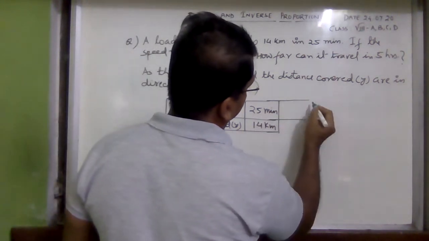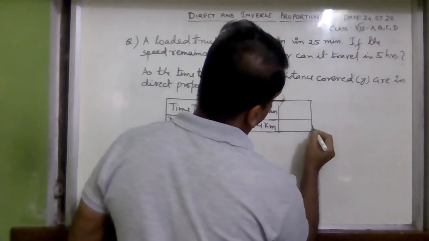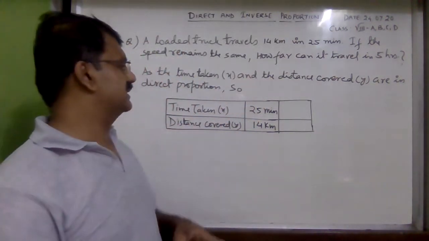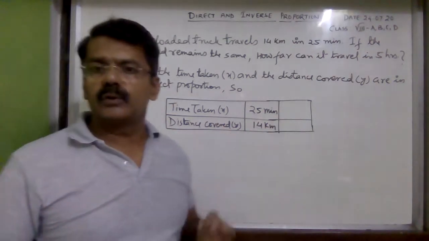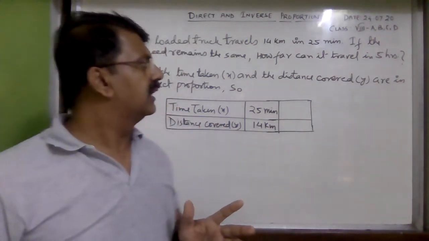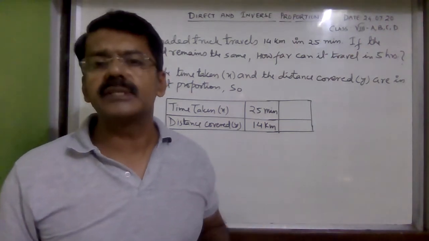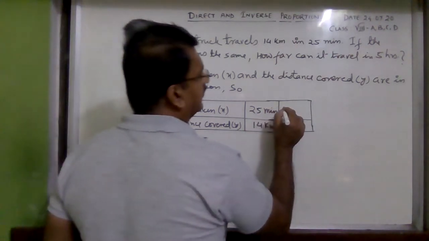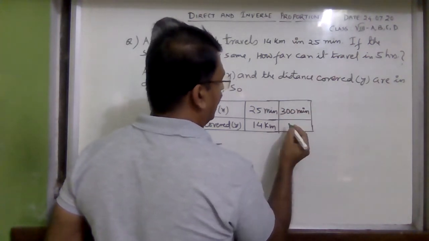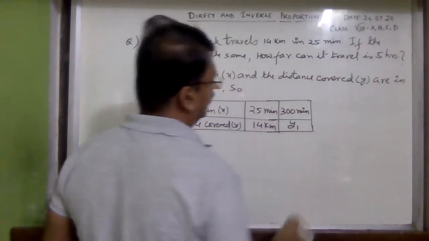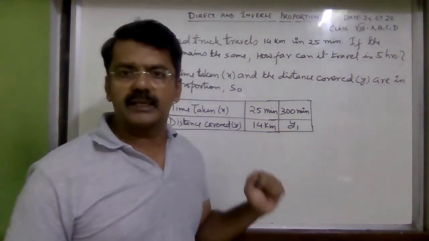Now the time taken is 5 hours. But as this is in minutes, we will write that time also in minutes. You know that in 1 hour we have 60 minutes, so 5 into 60 is 300 minutes. So you write 300 minutes here and let y1 be the distance in kilometers.